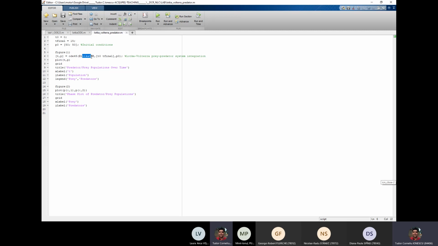Here is the reference to the ordinary differential equation function. This is the time to integrate, and this is the initial condition. Then we do the plot where we see the prey and the predator populations.